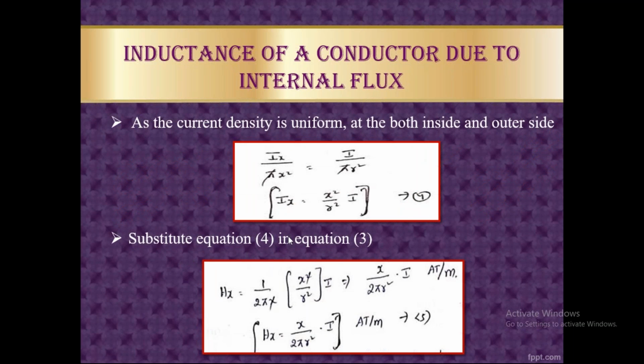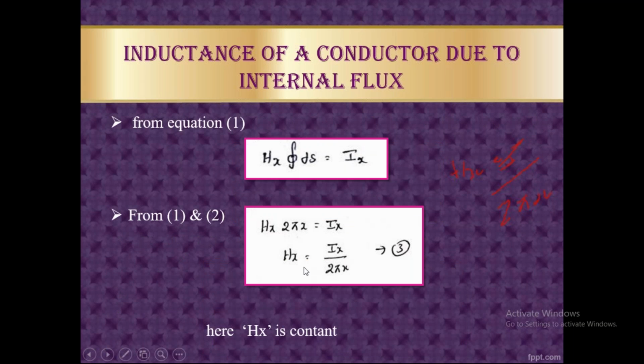Now substitute equation 4 in equation 3. Already we derived the equation for Hx. Hx is equal to Ix divided by 2 pi x.